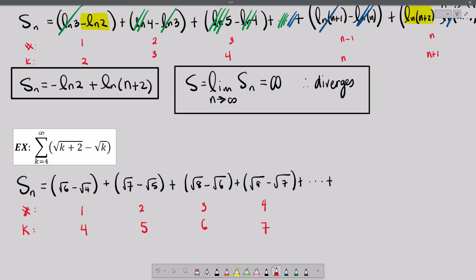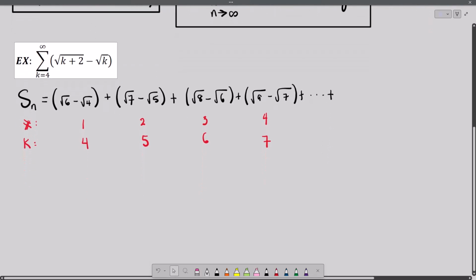Any questions on computing the leading terms there? So this one starts with a k value of 4. That gives us our first term. K equals 5 gives us our second term, etc. So now sort of the hard part.